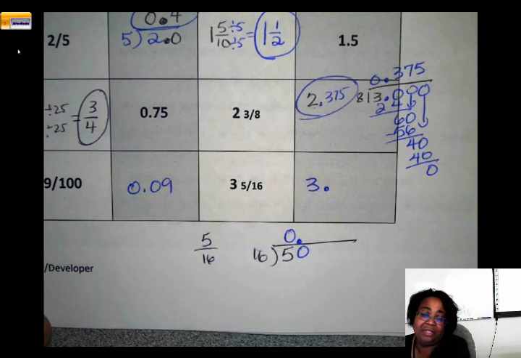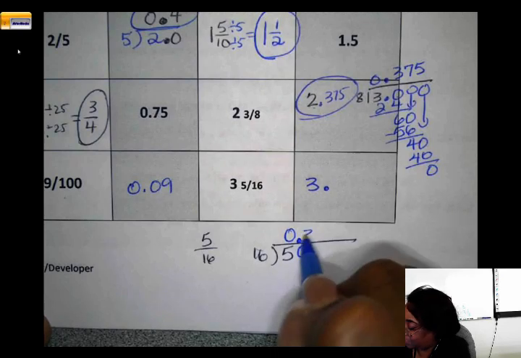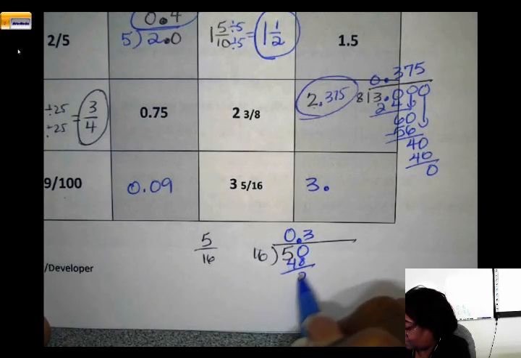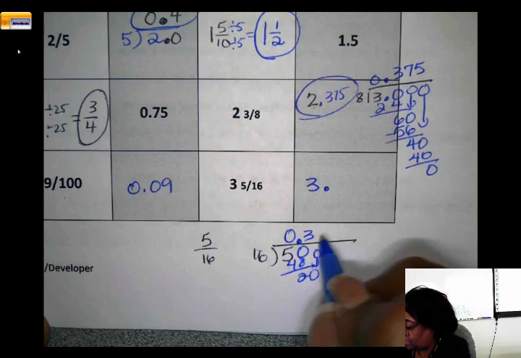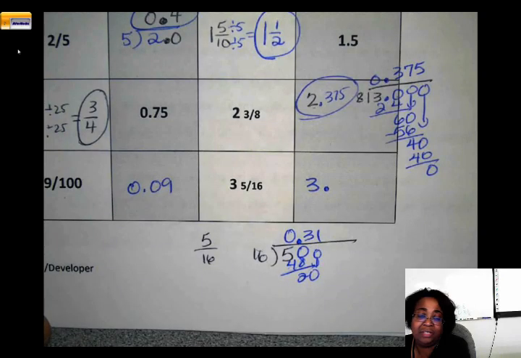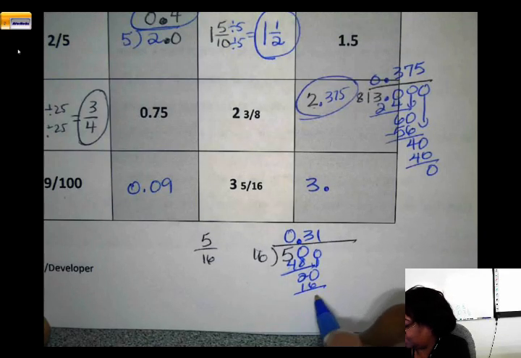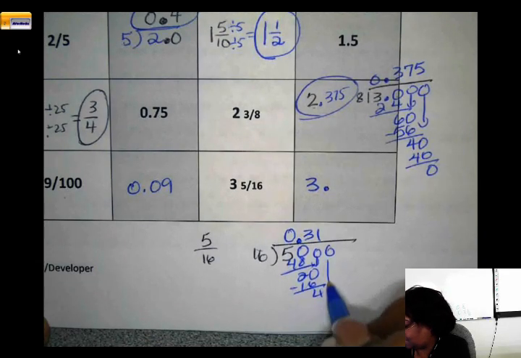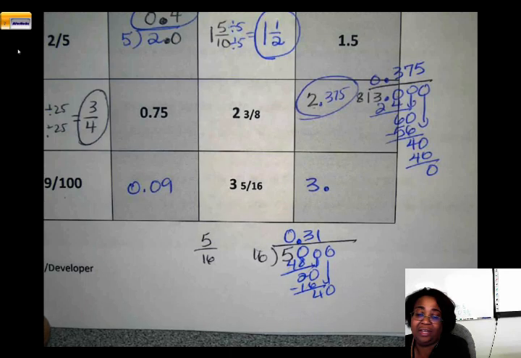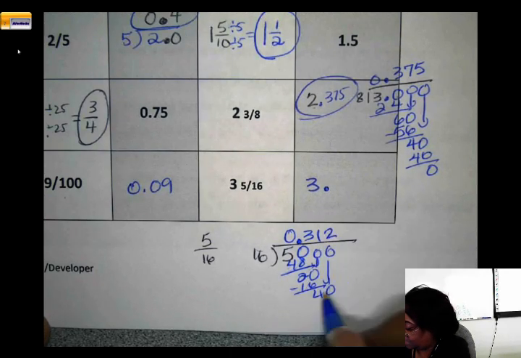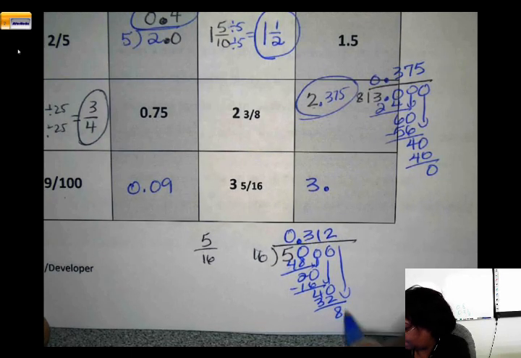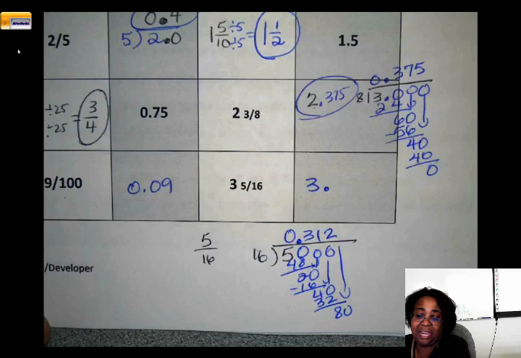How many times will 16 go into 50? 3, that gives me 48. 2 left over, bring down the 0. Okay. 16 goes into 20 1 time. When I subtract, I get 4, bring down the 0. Then I get 40. How many times will 16 go into 40? 2 times, I get 32. Then I've got an 8. Bring down a 0. And 16 goes into 80.